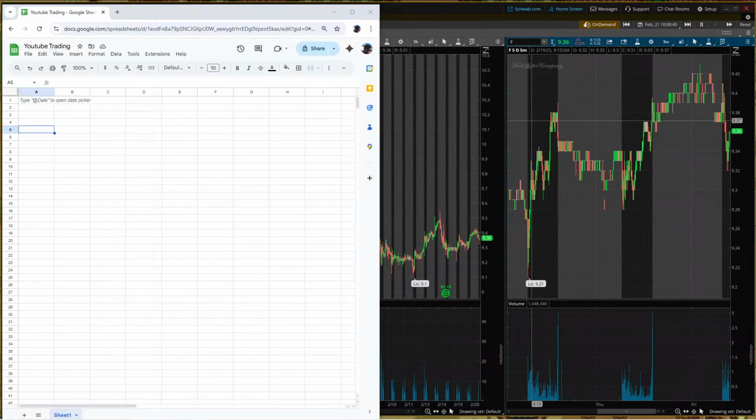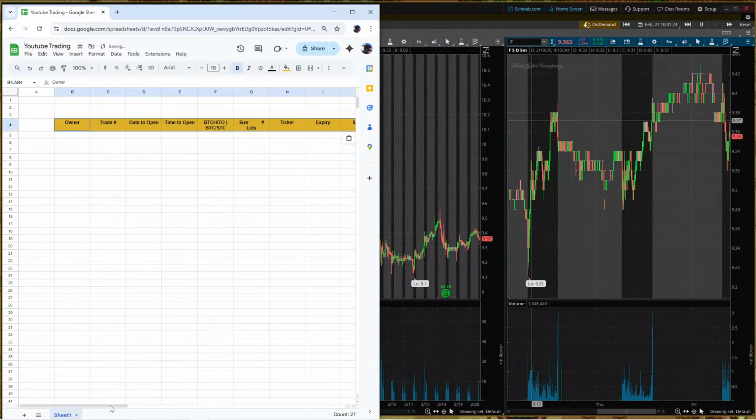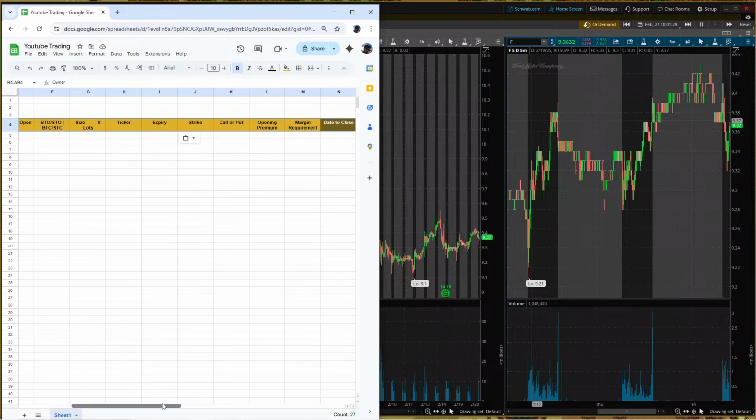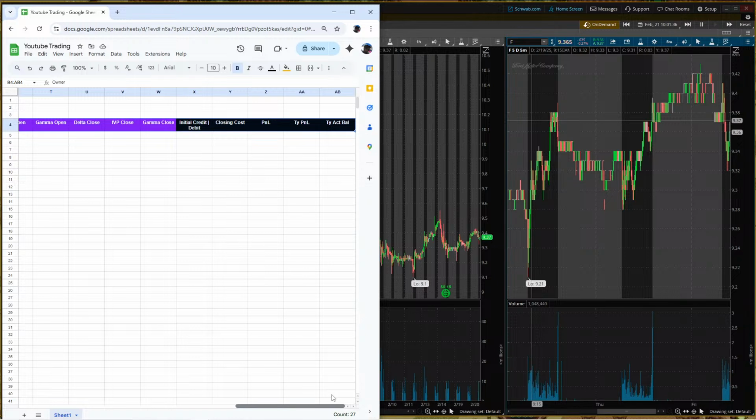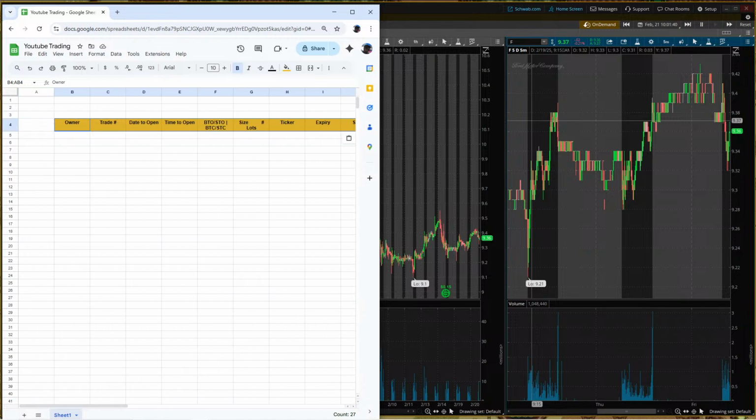I'm gonna copy the template that I have, because I have a pretty good trade log, and I don't necessarily need to make a new one. And I'm going to copy, paste. Okay. Easy enough, no?